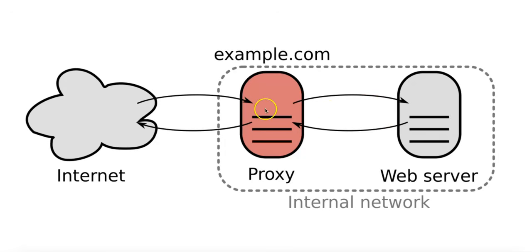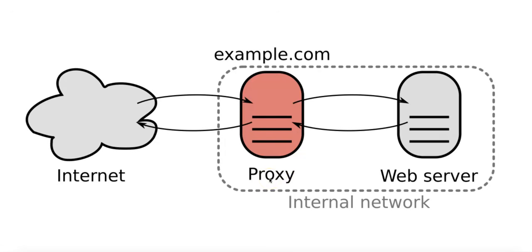Second, it provides load balancing. A reverse proxy can distribute these incoming client requests across multiple backend servers based on predefined algorithms such as round robin or least connections. And this helps optimize resource use and improves performance and reliability of the application.